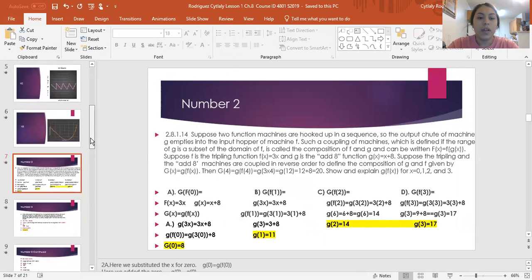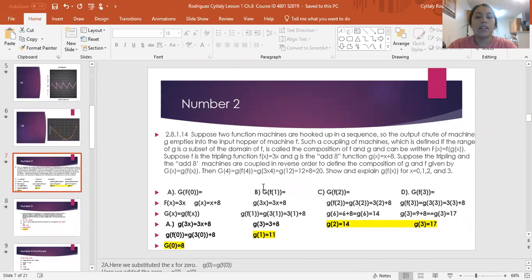Number two is asked to fill in these equations to get the answer of g of f of 0. So we know that f of x equals 3x, and we know that g of x is going to equal x plus 8.